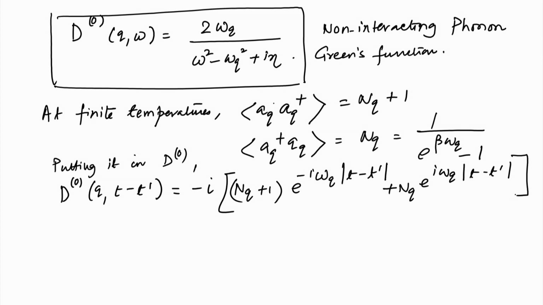And then one can do a Fourier transform and write it in omega-q space.